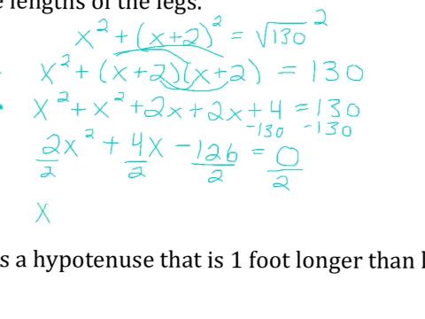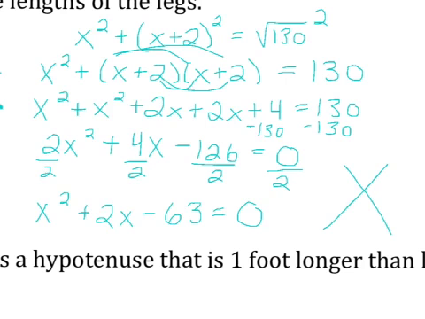So we have x squared plus 2x minus, let's see, what is 126 divided by 2? 63 equals 0. Okay, now it is time to factor. So let's make the big X. And we need to come up with two numbers that multiply to negative 63, but add to 2.